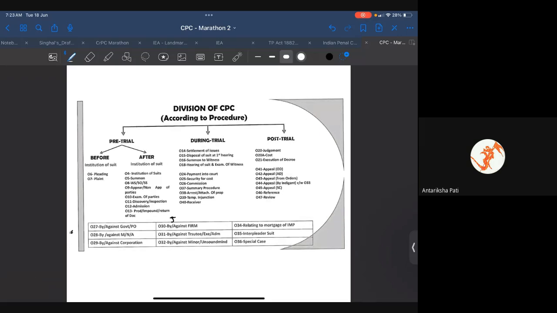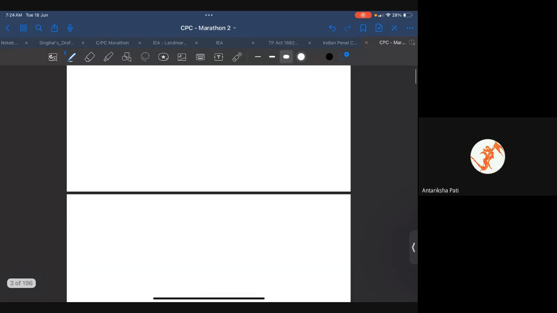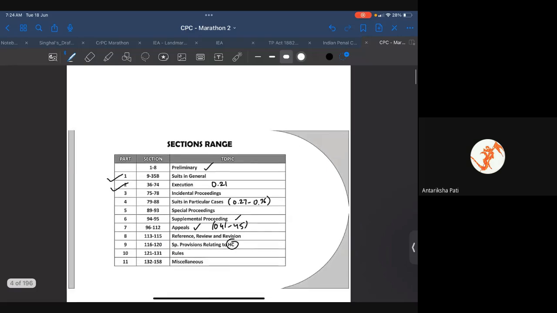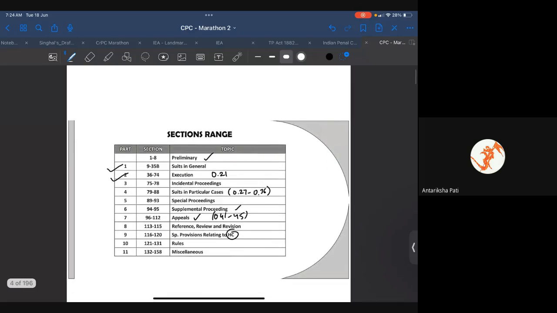These are the suits against different kinds of persons or special category of suits: 27, 28, 29, 30, 31, 32, 34, 35, 36, like that.